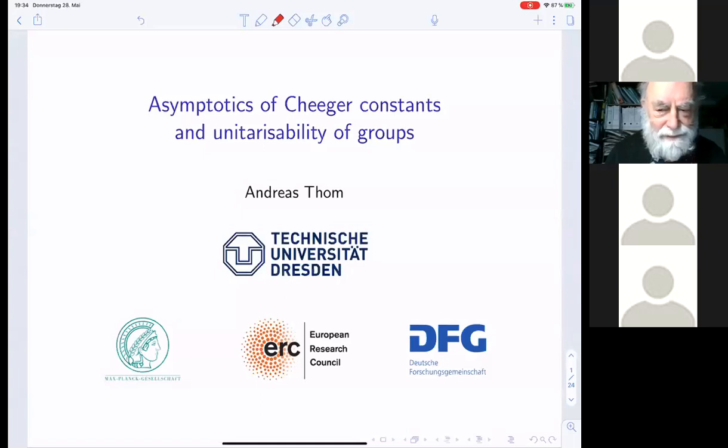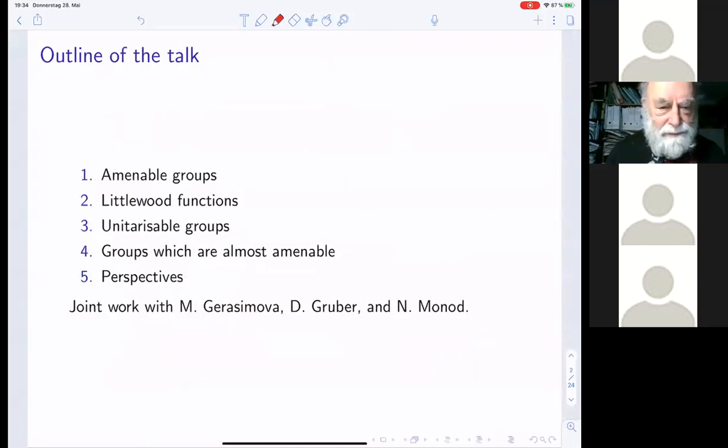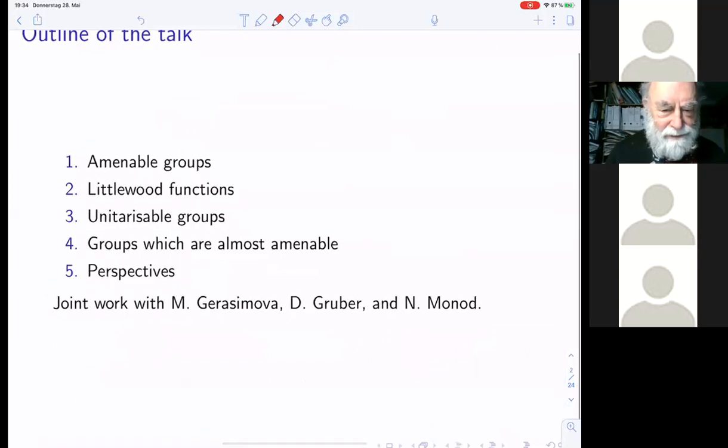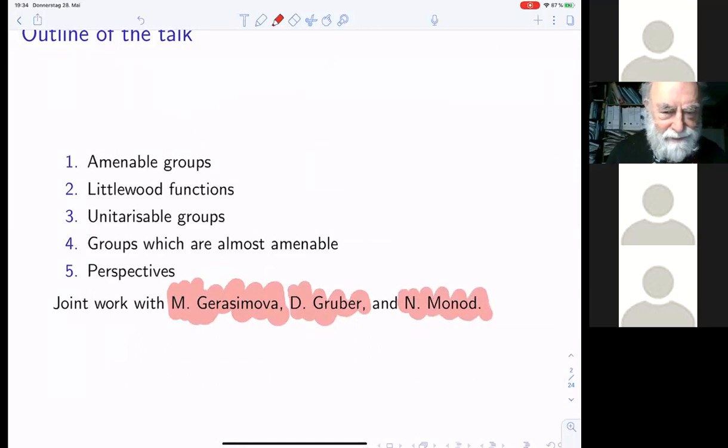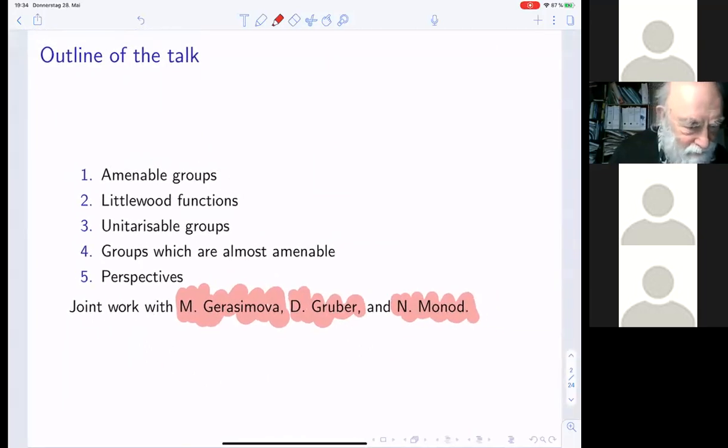So the title of the talk is Asymptotics of Cheeger constants and unitarisability of groups. Everything I will talk about is joint work with Maria Gerasimova, Dominic Gruber, and Nicolas Monod. The outline of the talk is, I will talk a little bit about amenable groups, not very much.